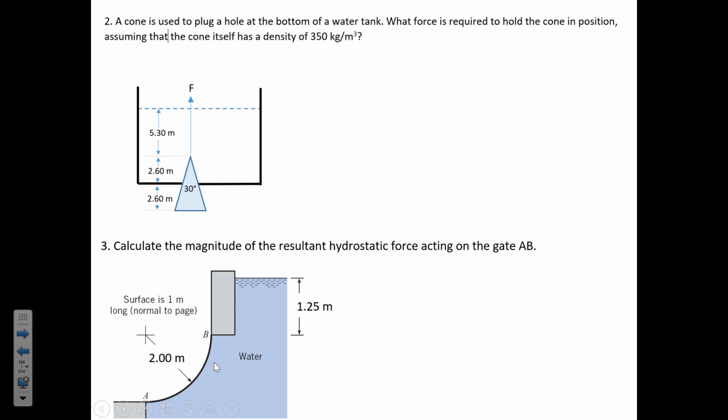So it's just kind of an asterisk to the idea that the vertical hydrostatic forces are equal to the weight of the water above the gate. Here, there's no water above the gate. It's just air. And so the vertical hydrostatic force that's pushing up is equal to, essentially, the weight of the water that's been displaced by the gate. Because if the gate wasn't there, where would the water be?